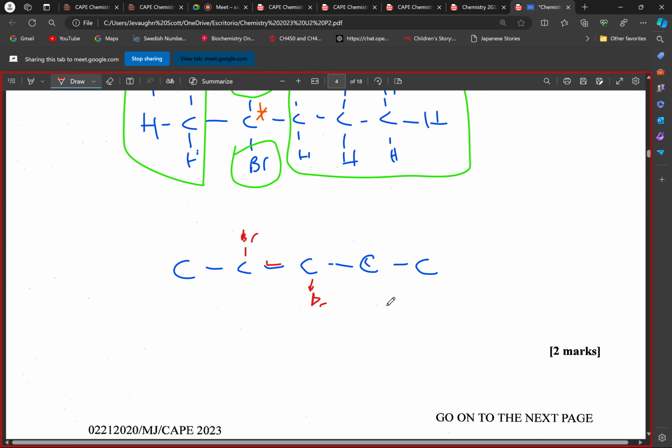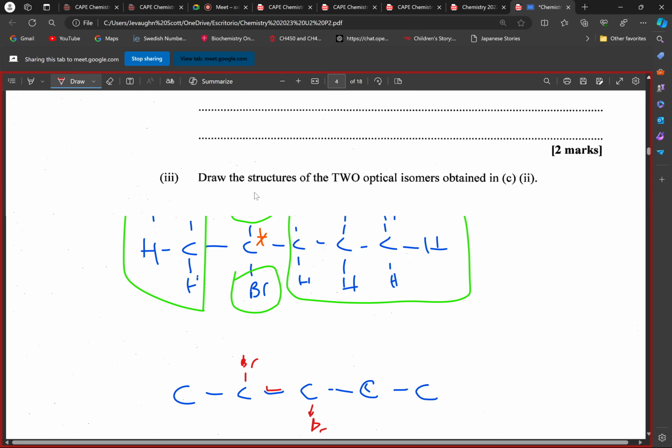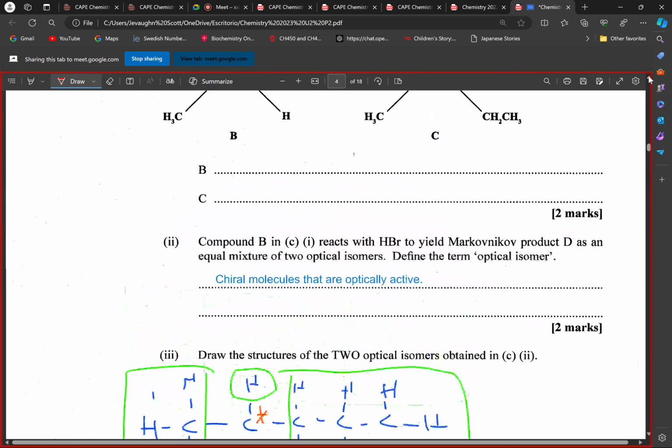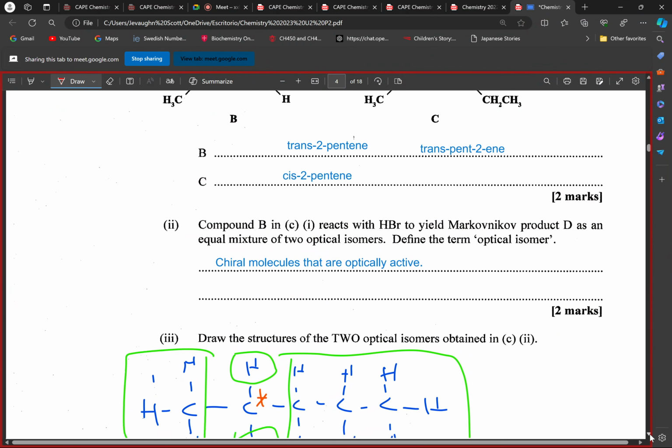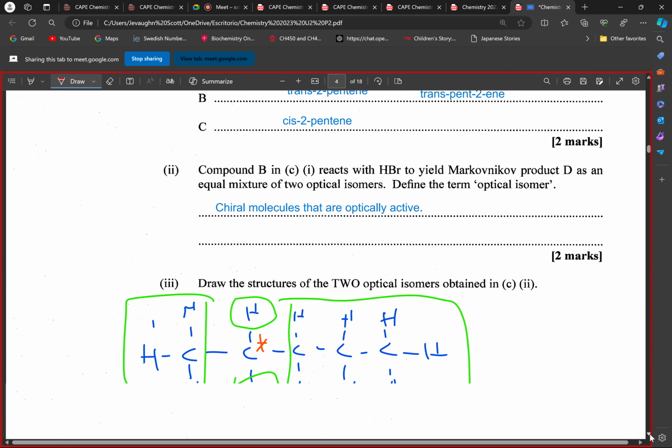Sir, can I read back the question? The question is asking us to draw the structures of the two optical isomers obtained in C2, meaning that compound B undergoes Markovnikov addition. So, not Markovnikov addition.